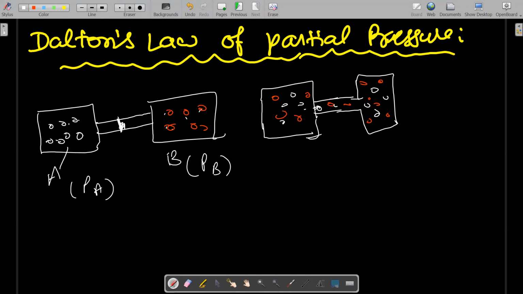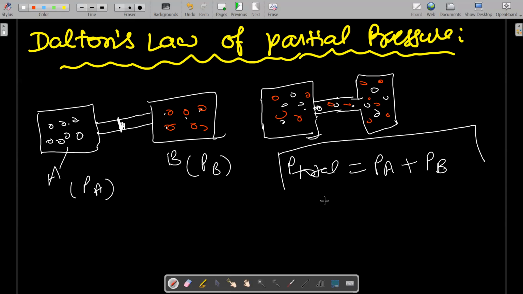Now in this case, what is the P total, the total pressure exerted now? This will be the sum of the pressure of gas A plus the pressure of gas B. So this is Dalton's theory. Dalton's theory states that the total pressure exerted in a mixture is equal to the sum of the individual pressures of the gases, or the sum of the partial pressures of the individual gases.